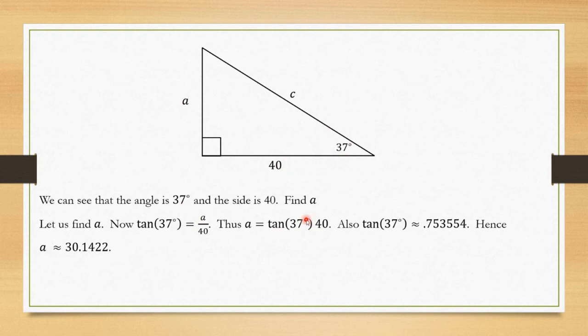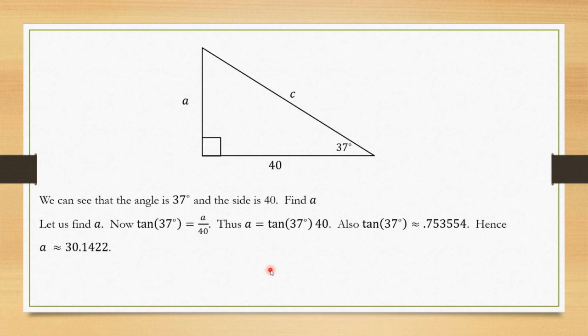But we want degrees. This is what you get when you use the calculator. And so A then turns out to be this. You just multiply. I rounded it to 4 decimal places, but I'll tell you how many decimal places to round to. Now that's A.